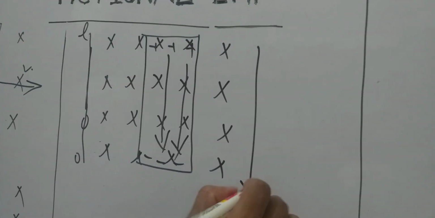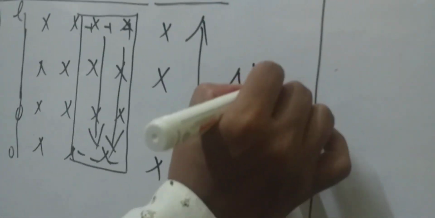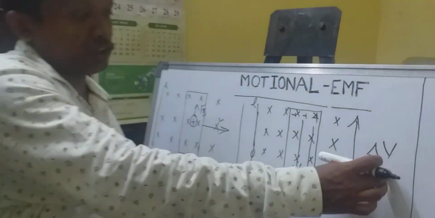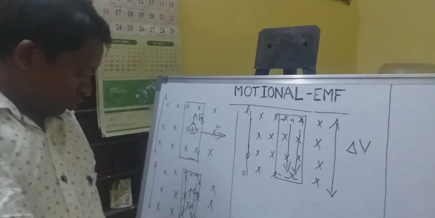This is the potential difference delta V, created by the electric field between the ends of the conductor.